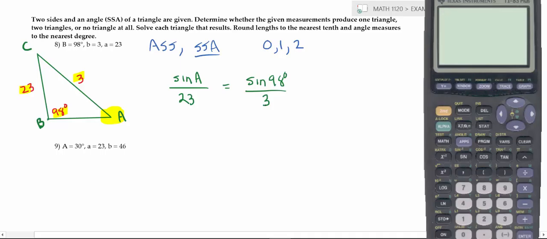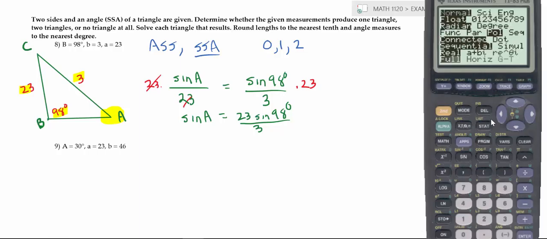Then the calculator will tell you if we have a solution or not. I'm going to multiply both sides by 23 and go directly to the calculator. So sine of A is equal to 23 sine of 98 degrees all over 3. We need to make sure we're in degree mode.